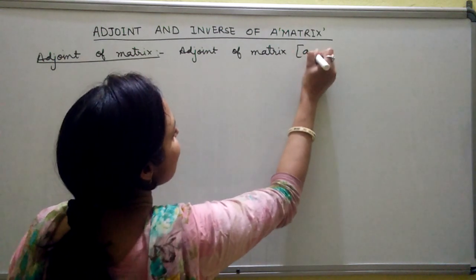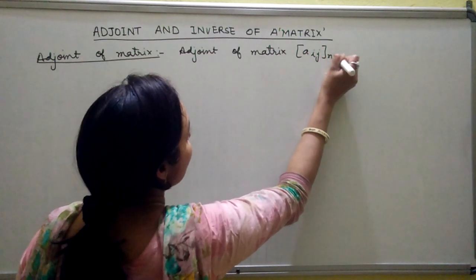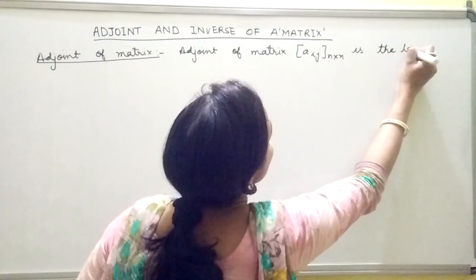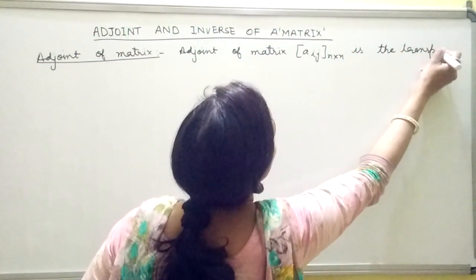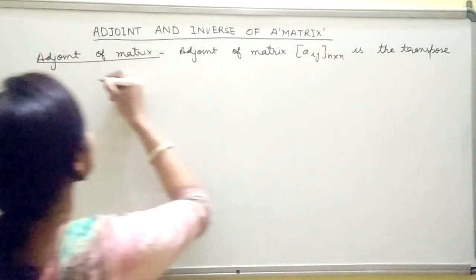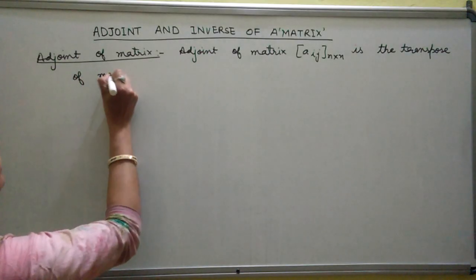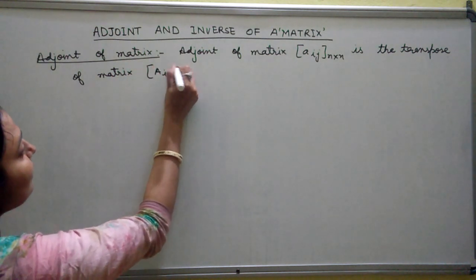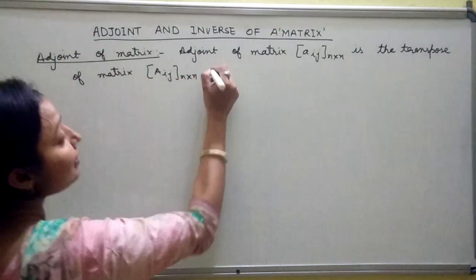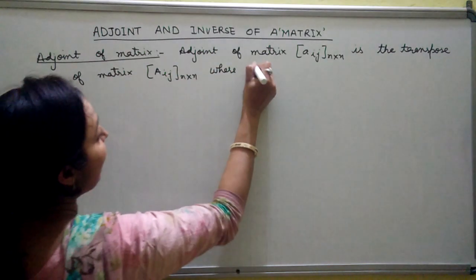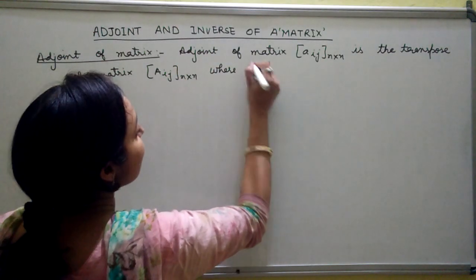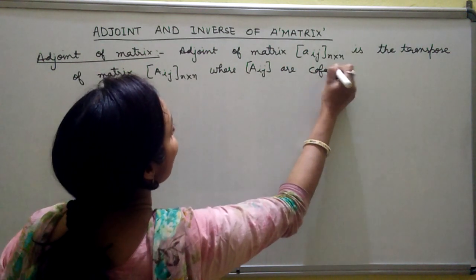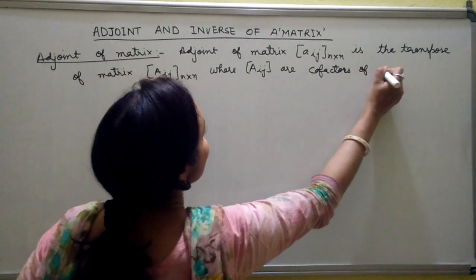Let us suppose we have a matrix A_ij with the order n cross n. The adjoint is the transpose of the matrix A_ij, where A_ij are the cofactors of the given matrix.